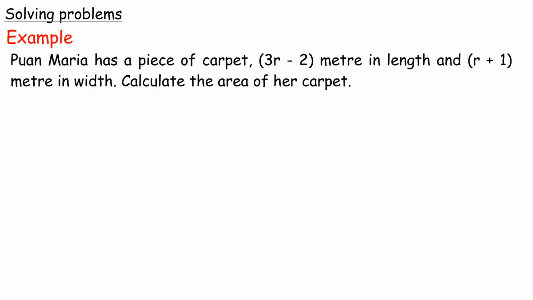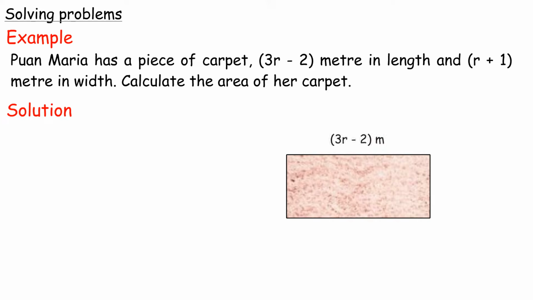Solving problems. Example, Juan Maria has a piece of carpet, 3r minus 2 meters in length, and r plus 1 meter in width. Calculate the area of her carpet. Solution, let us draw and visualize the carpet.